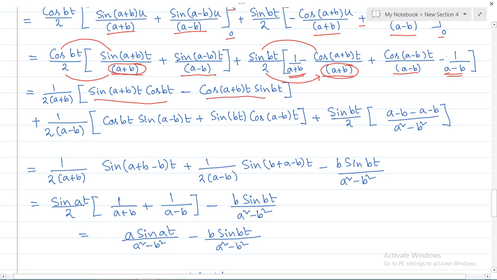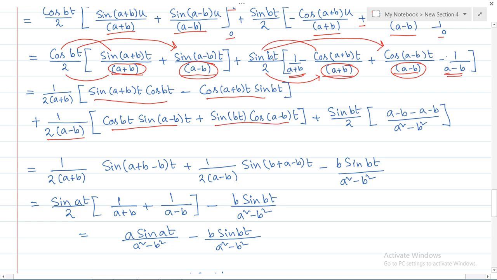Similarly, we have taken 1 by 2 (A minus B) common. Here one (A minus B) structure is there, another (A minus B) structure is there. So I have taken 1 by 2 times (A minus B) common. What we will get is cos bt into sin of (A minus B) t, and from here it will become plus, that is sin of bt into cos of (A minus B) t, and another term will be there.